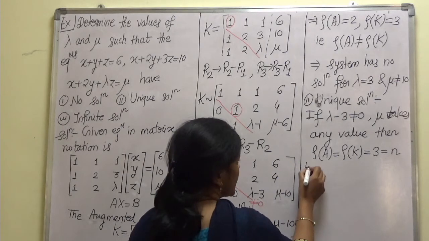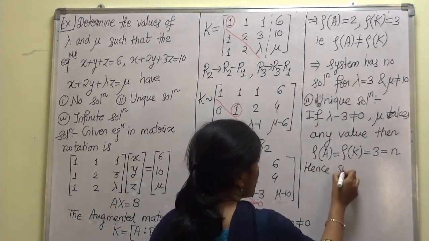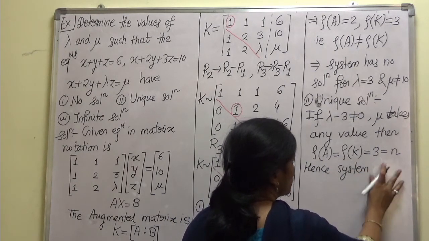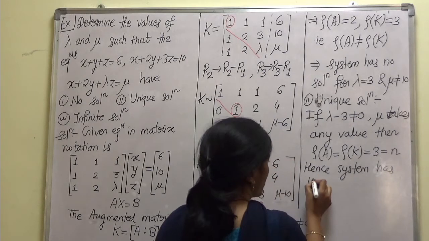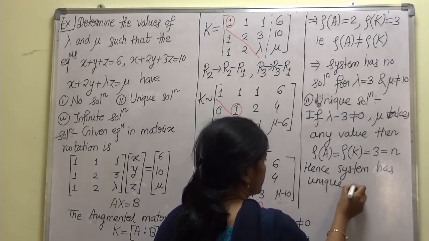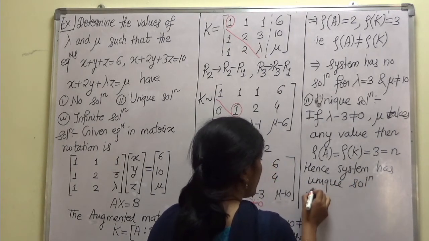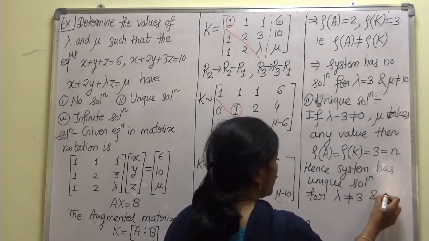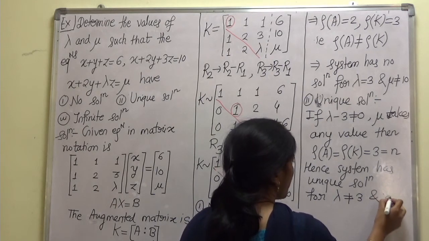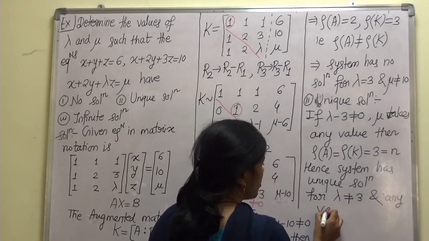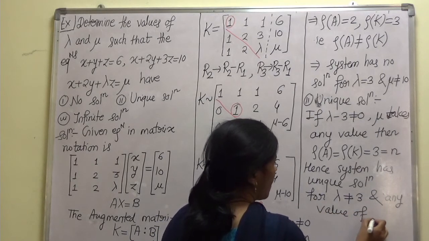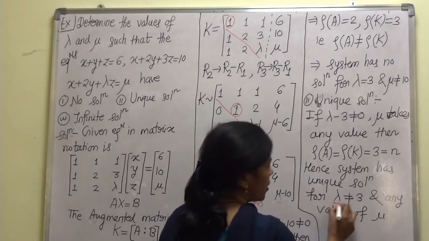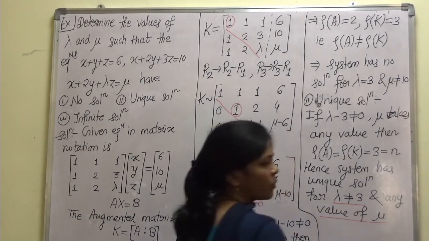Hence the system has a unique solution for lambda not equal to 3 and any value of mu.